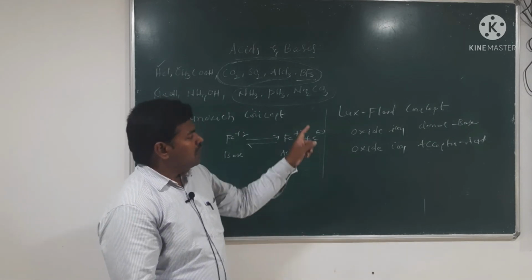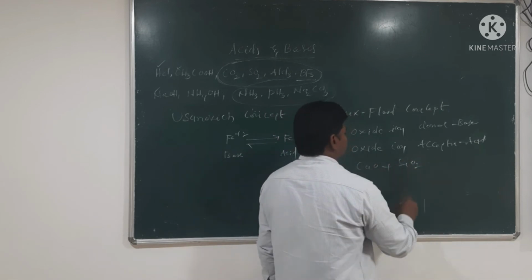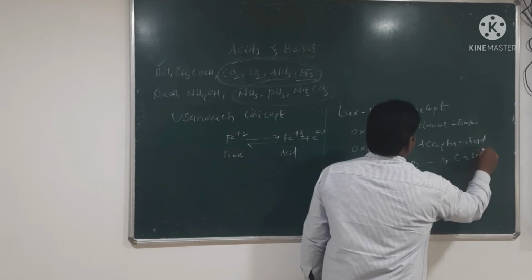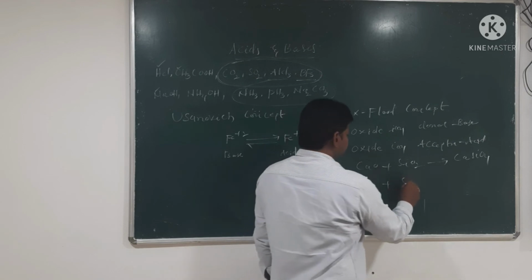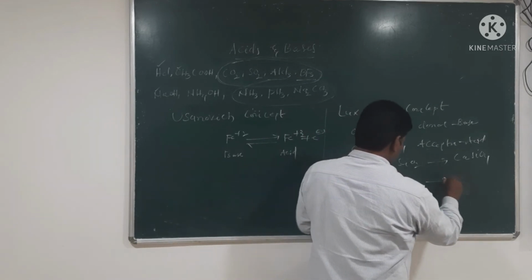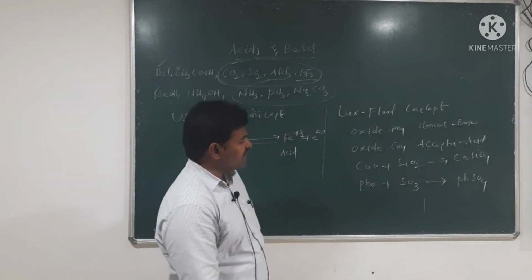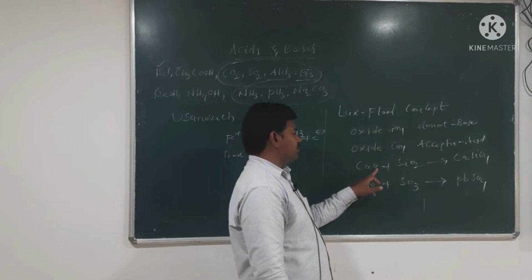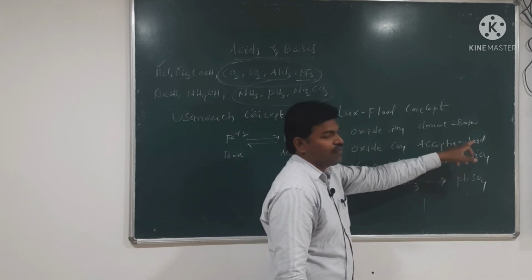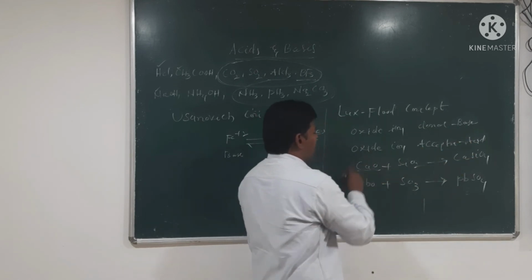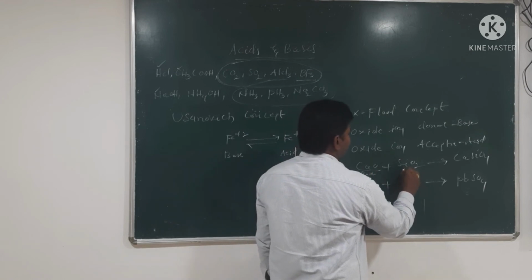Okay. Examples are CaO plus SiO2, that gives CaSiO3, and PbO plus SO3 gives PbSO4. Here you can see that calcium oxide donates oxide ion to SiO2 and forms calcium silicate. So it donates oxide ion, so it is a base, and SiO2 accepts oxide ion, so it is an acid.